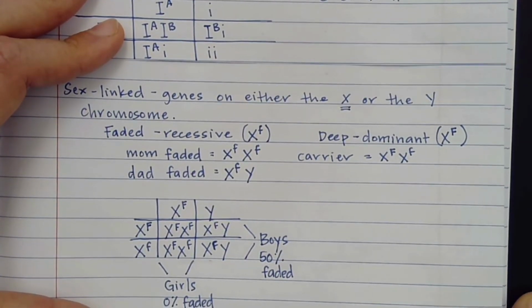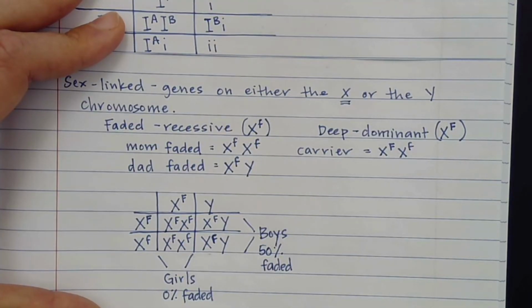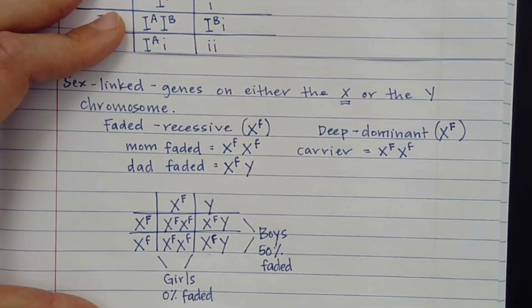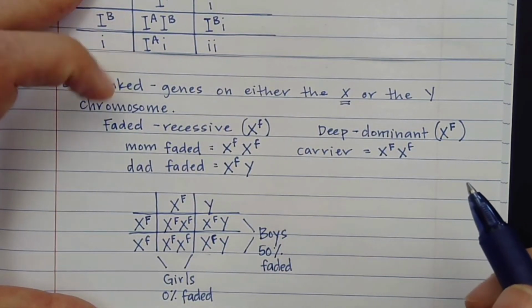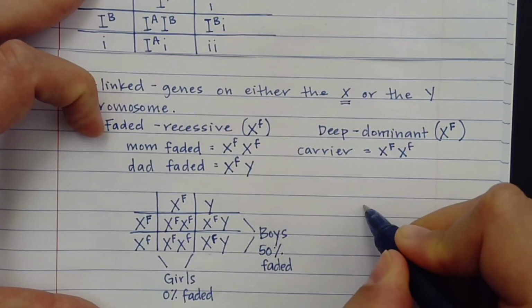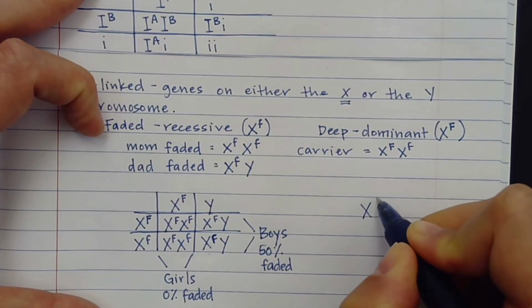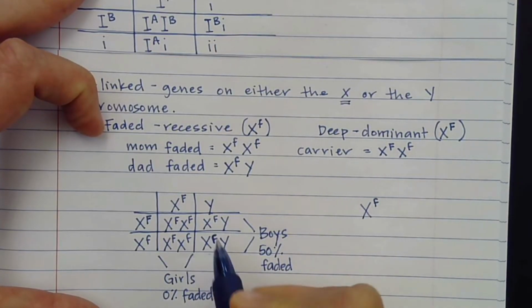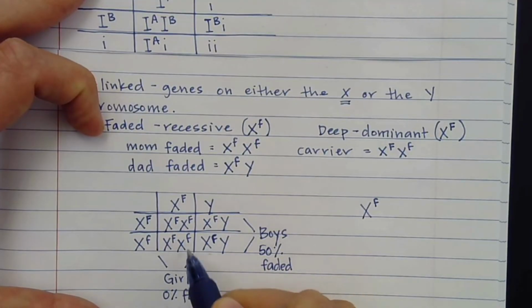All right. Let's see what would happen if dad doesn't have the dominant color. If dad has the recessive, so dad is going to be faded. So this boy right here goes on to have babies.